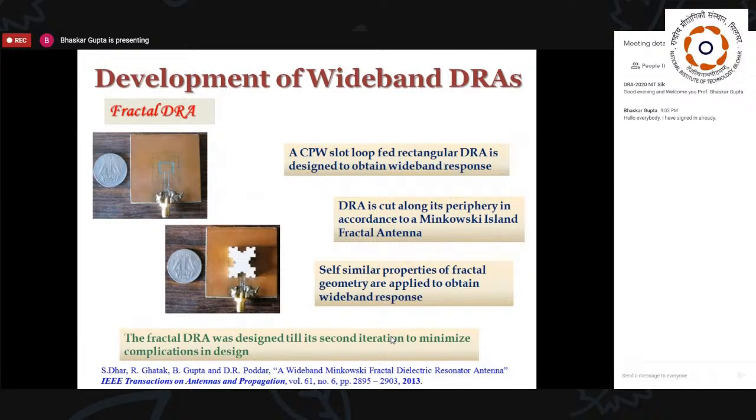We had one fractal DRA. Well, before us, there were some activities on fractal patches, but probably we started the first investigations on this type of fractal DRA. And this DRA was again fed by a CPW slot loop.